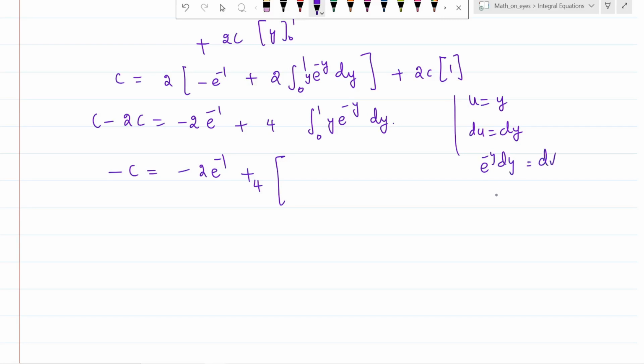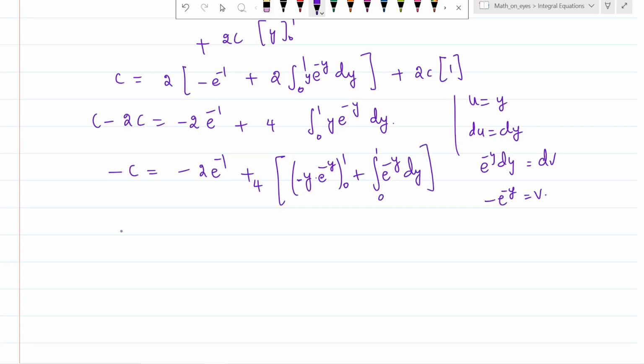When you integrate, we get minus e power minus y is equal to v. So u is equal to y, v is equal to minus e to the power minus y, lower limit, upper limit, minus integral v du, where v is minus e to the power minus y and du will be equal to dy.